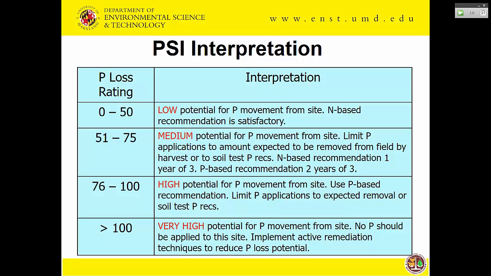So not many people have been completely restricted from applying phosphorus. There's a very limited number of fields statewide that fell into this category. But for the first 5 or 6 years we had this tool, I was monitoring feedback from what folks in the counties were seeing in the extension offices to see, are we getting any very highs and when do they occur? All right, and it turns out it was very low probability, and when we did find them, there were outrageous things going on in that field.